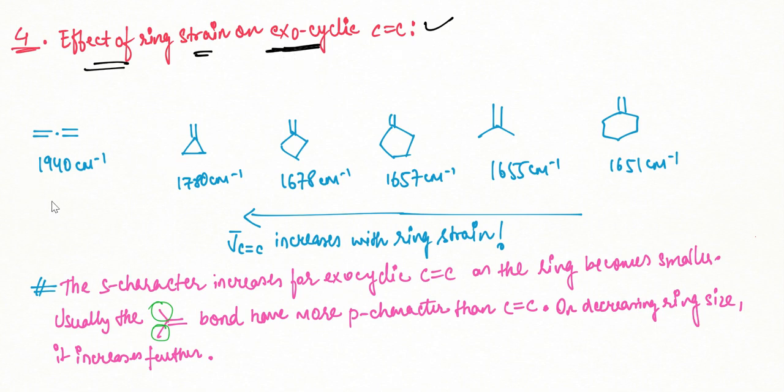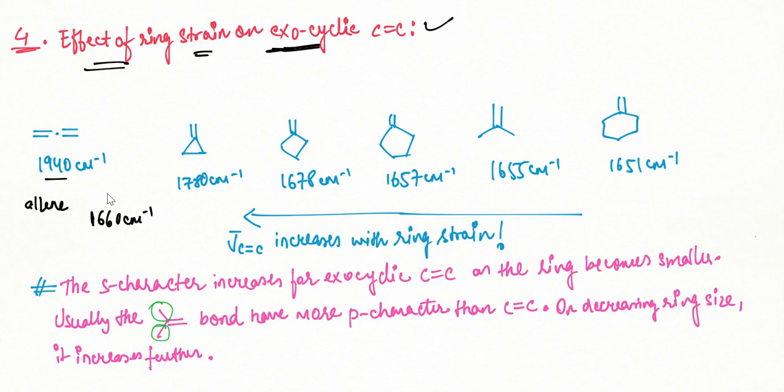If you have an allene type of system, we see the carbon-carbon double bond stretching frequency is very high. It is even higher than our normal range of 1660 centimeter inverse. It is going much higher than that, 1940 centimeter inverse.